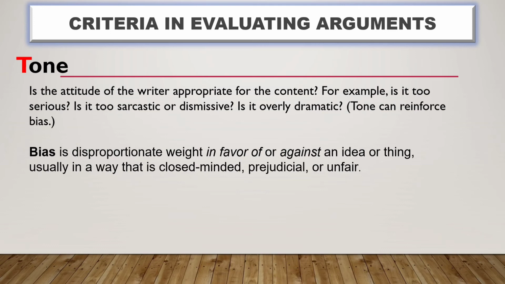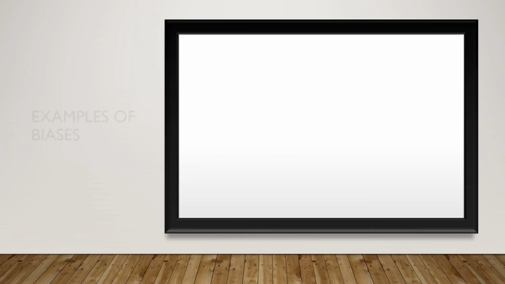So what do you mean by bias? Bias is a disproportionate weight in favor of or against an idea or thing, usually in a way that is closed-minded, prejudicial, or unfair. Now, what are the examples of biases?